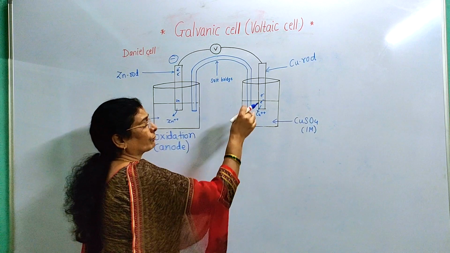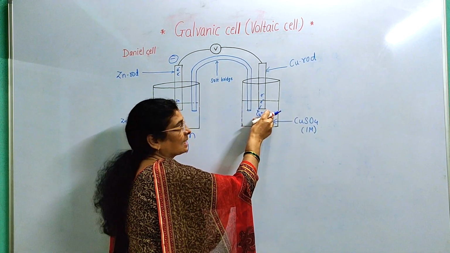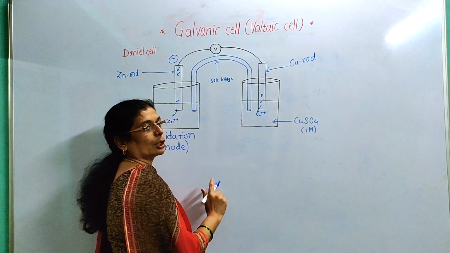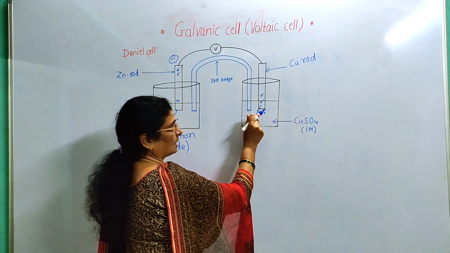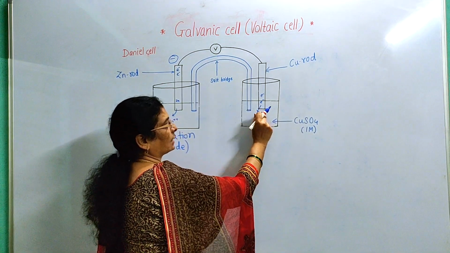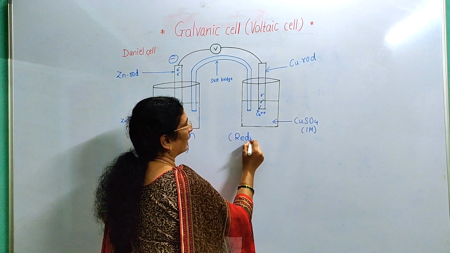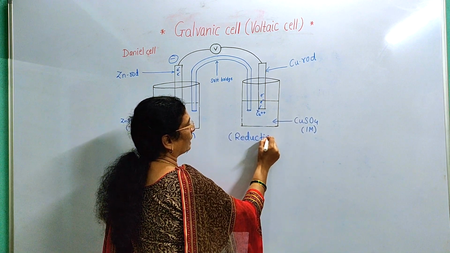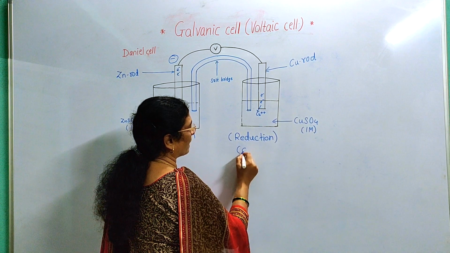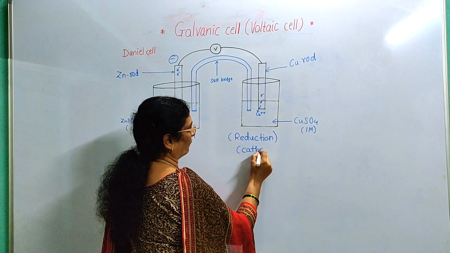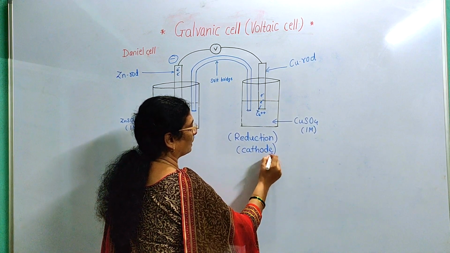So here Cu++ ions are reduced to Cu atoms. This reaction is a reduction reaction and so this electrode works as a reduction electrode, and the electrode where reduction takes place is called the cathode.